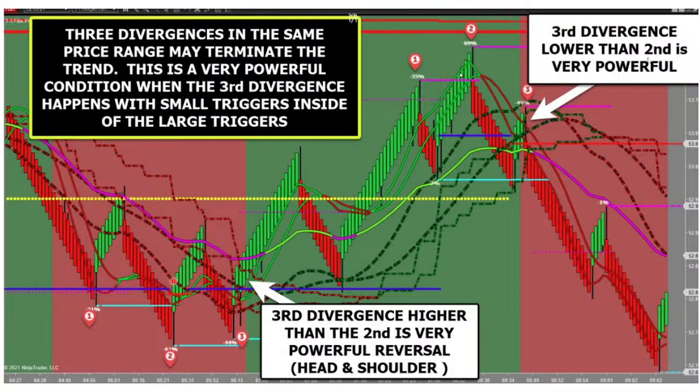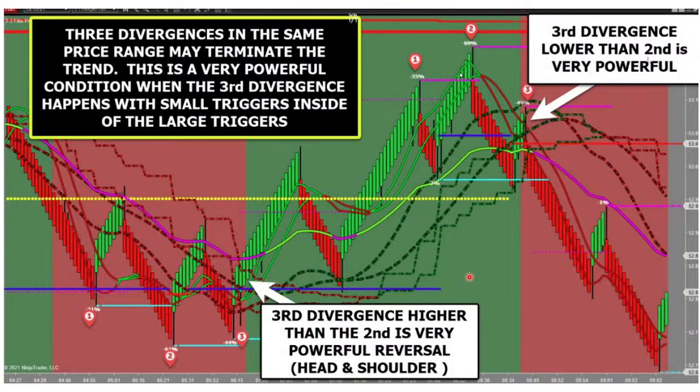And I do this because 3 divergences in the same price range may terminate the trend. For those of you that are new and with me, divergence is nothing more than a loss of momentum. Divergence means that when price came down here and went back up, the momentum lagged behind. And if it happens 3 times, you're going to see 3 negative numbers, 3 cyan lines from a low, 3 negative numbers, 3 magenta lines from a high.